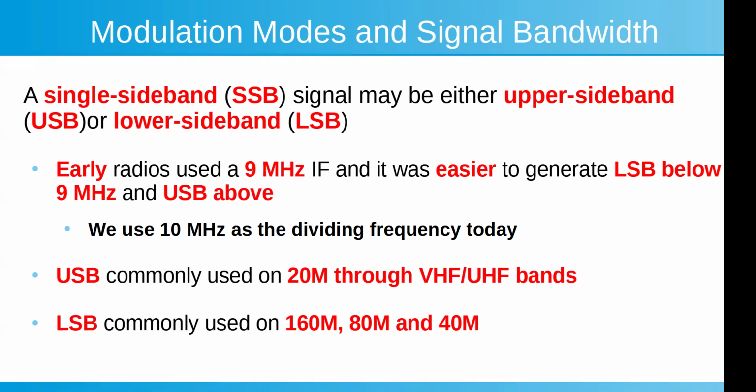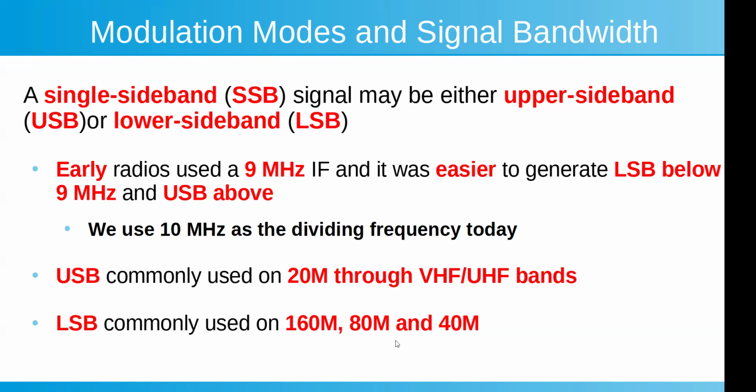It came about in the early days because they normally used the 9 megahertz intermediate frequency, and it was easier to generate it that way. So 20 meters through all your VHF and microwave is normally going to be upper sideband.